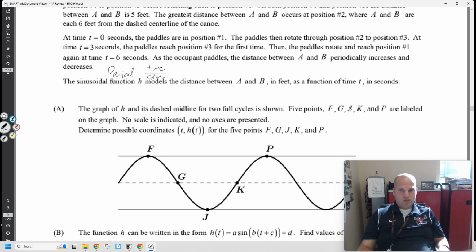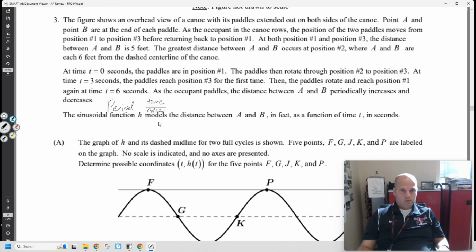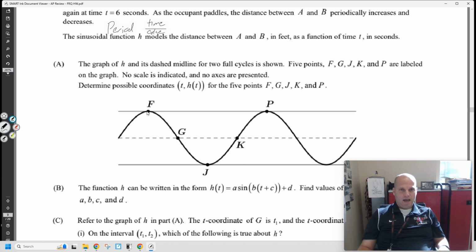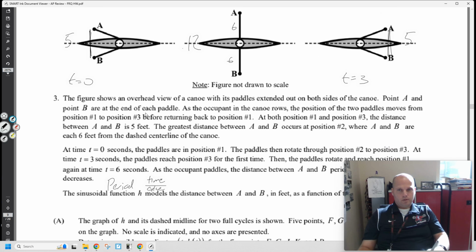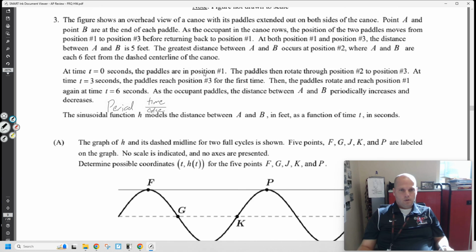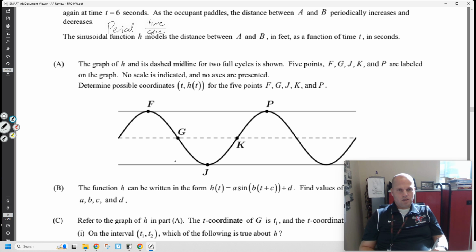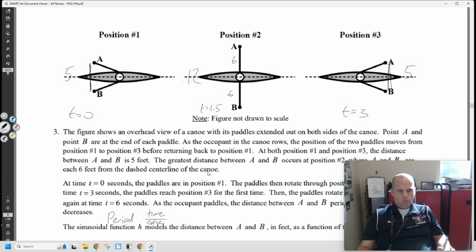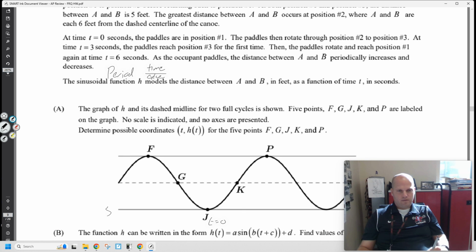Okay, so 5 points F, G, J, K, and P are labeled. Models the distance between A and B. But F would be t equals 1.5. We could say this is t equals 0 here, when the distance is 5 feet.